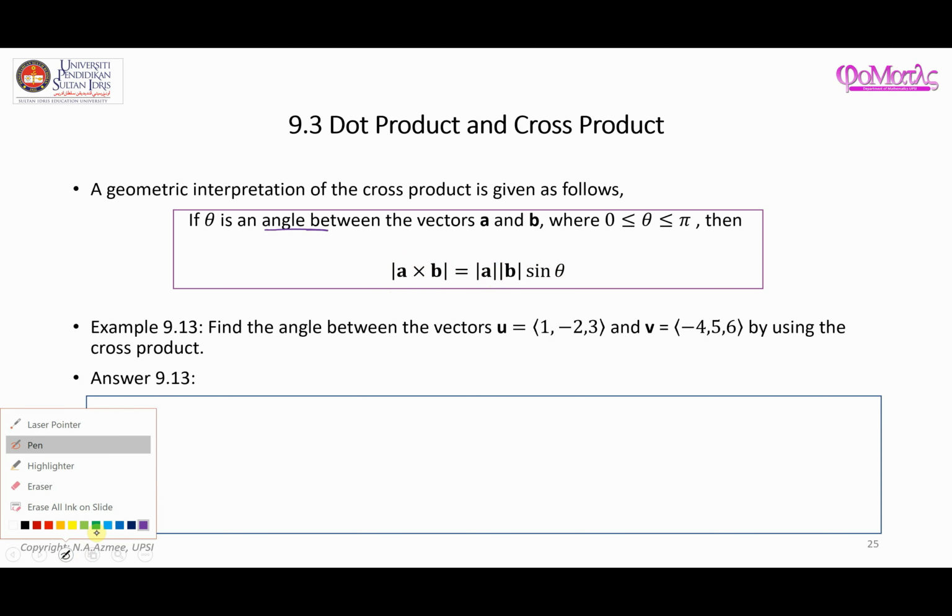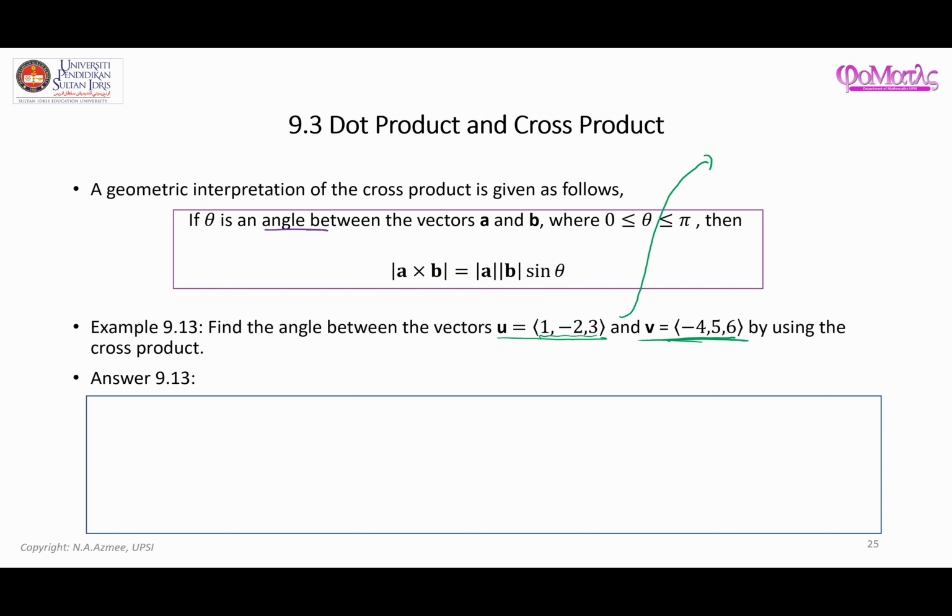Okay, so now let us consider this simple example of applying this formula that you see here. Find the angle between the vectors U and V by using the cross product. Of course, you can find the angle between these vectors if you want to use the dot product. There is a formula related to the dot product, which is A dot B is equal to the magnitude of A times the magnitude of B cos theta.